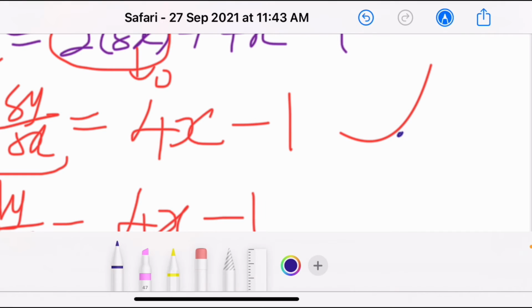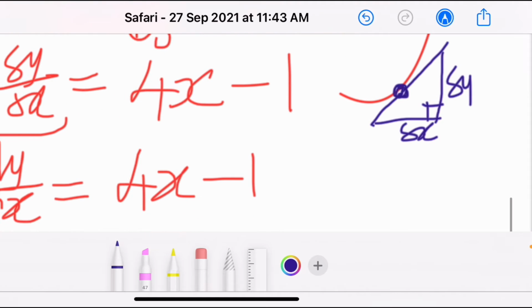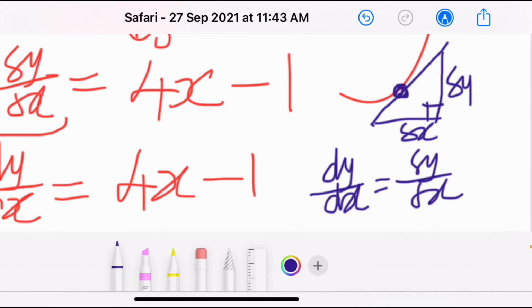We have a point on the curve, then we have delta y here and delta x here. At this point, dy/dx is defined as delta y over delta x when this is very small, approaching 0. So we have to apply the limit when delta x approaches 0.